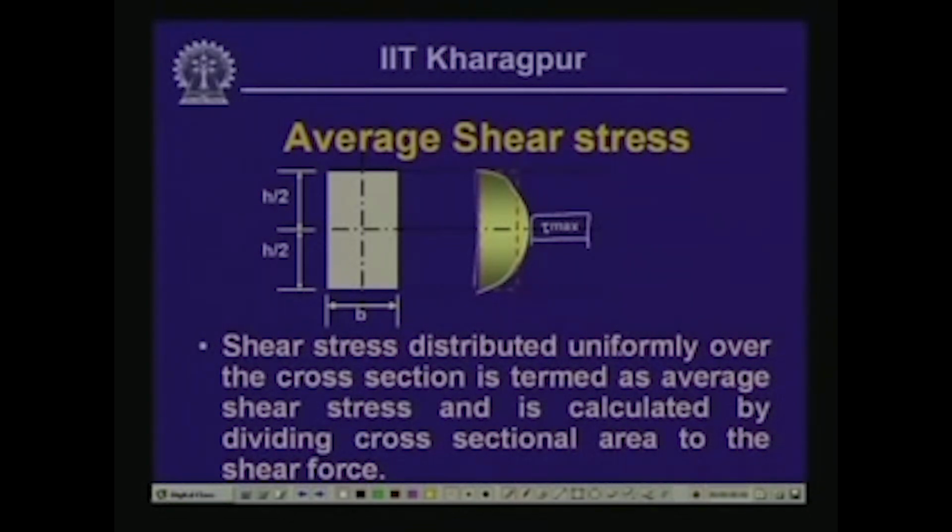Now, many a time, for engineering applications, we need first hand information about the stress, and if we like to evaluate it quickly, then instead of calculating this parabolic distribution, we assume that the stress is uniformly distributed over the entire depth.